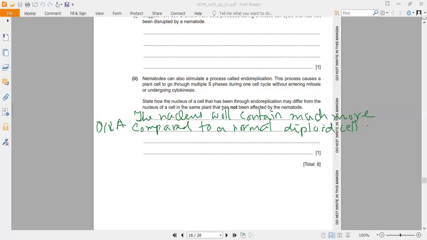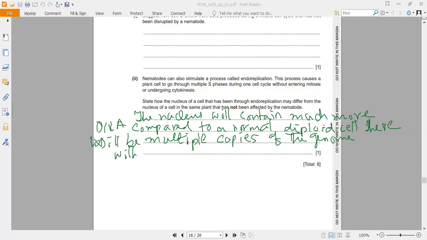There will be multiple copies of the genome within a single nucleus, because again, the cytokinesis has not taken place.